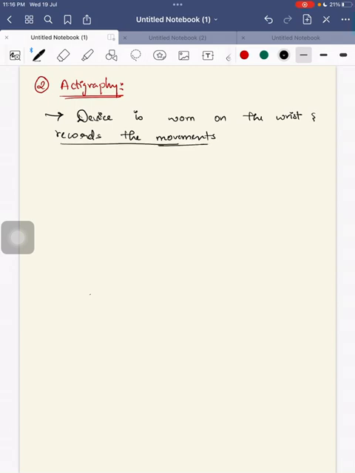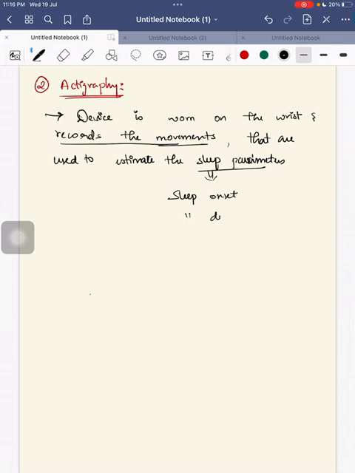These recorded movements are used to estimate the sleep parameters.